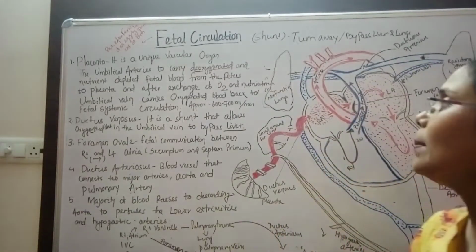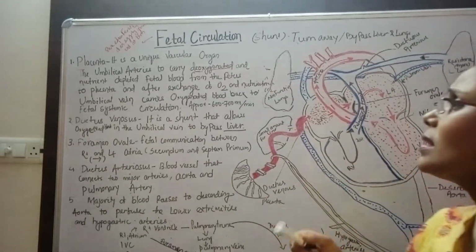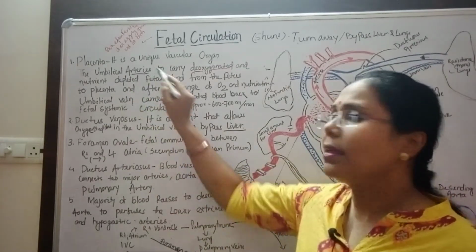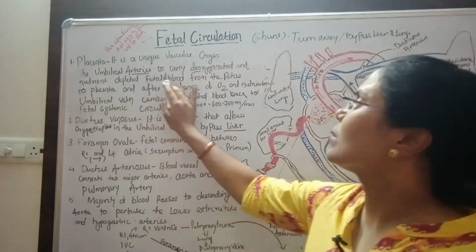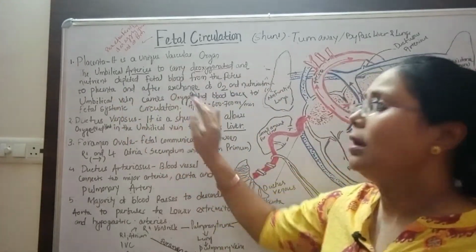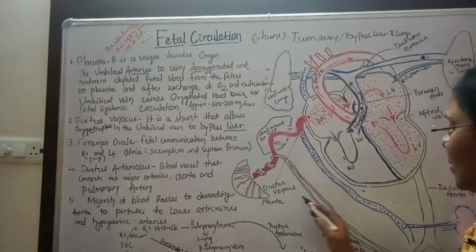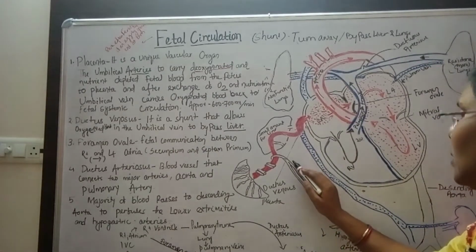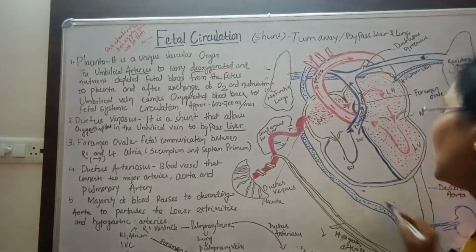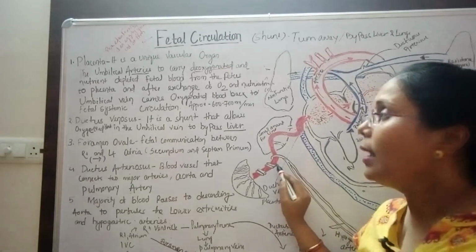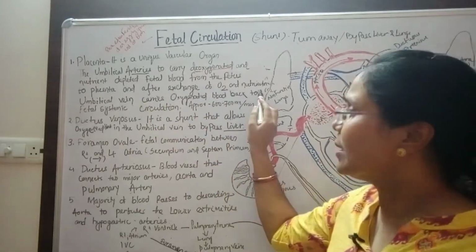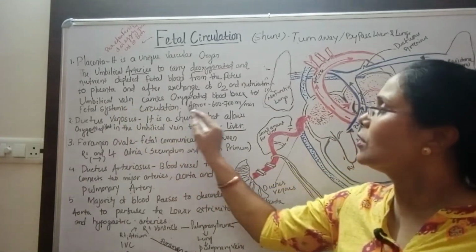So what happens in this placenta? The umbilical arteries, see, I have written arteries. There are two arteries, which carry deoxygenated and nutrient-depleted fetal blood. This is the umbilical artery that carries deoxygenated blood from the fetus to the umbilical cord, and after exchange of carbon dioxide, oxygen and nutrients, the umbilical vein carries oxygenated blood.